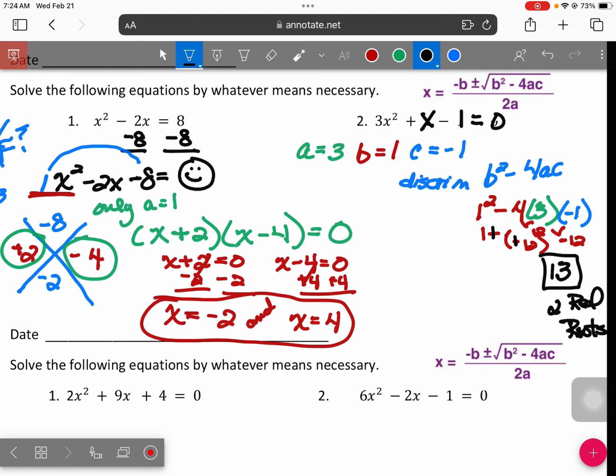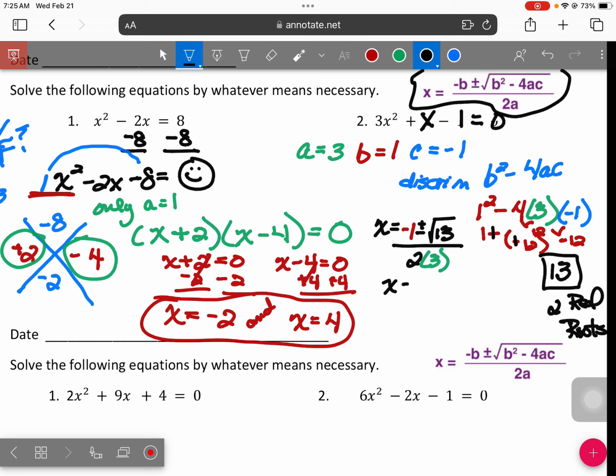So now I can go back and use this quadratic formula and say x is equal to the opposite of b. Well, if b is 1, the opposite is going to be -1 plus or minus the square root of 13 all divided by 2 times a, which is 3, which is going to be 6.